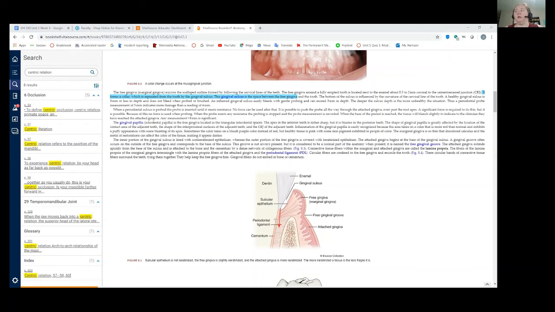And that is when we have periodontal disease. So what happens first is this gingiva inflames, trying to fight it. And if it goes unchecked, then it starts to destroy that junctional epithelium, that attachment.